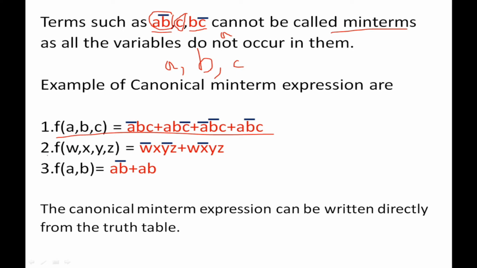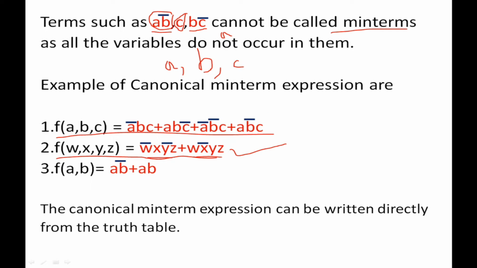If we consider the second example with four variables w, x, y and z, you can see the first term w bar, x, y bar, z, and the second term w, x bar, y, z. These two terms have all four variables, in either complemented or uncomplemented form. So this Boolean function can also be called a canonical min term expression.